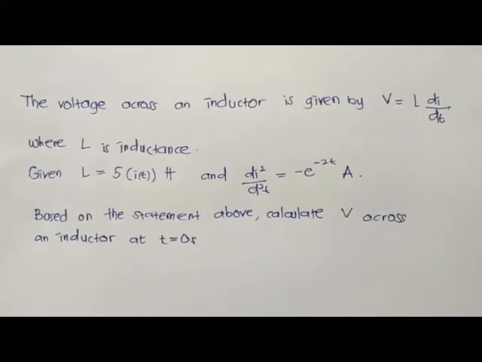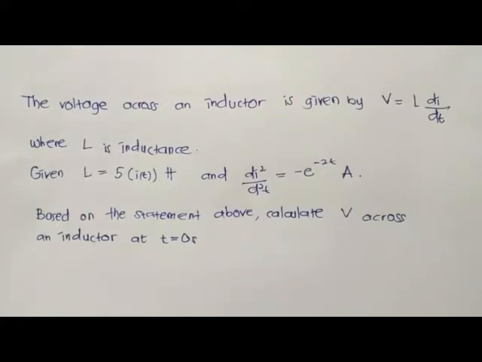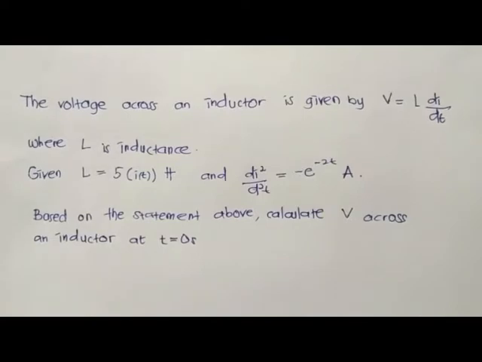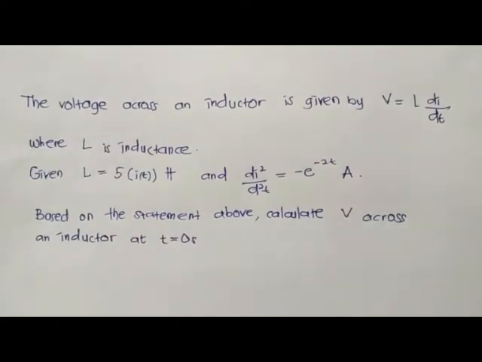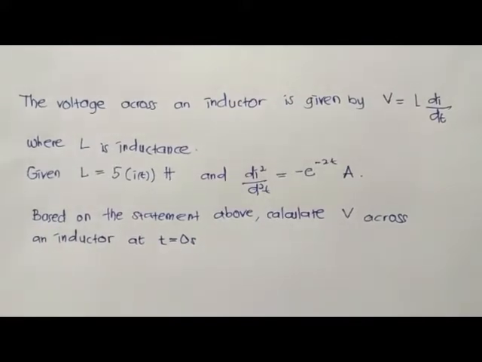The voltage across an inductor is given by V equal to L di over dt, where L is inductance, given L equal to 5 i t, and d i squared over d squared t equal to negative exponent power of negative 2t. Based on the statement above, calculate V across an inductor at t equal to 0 second.